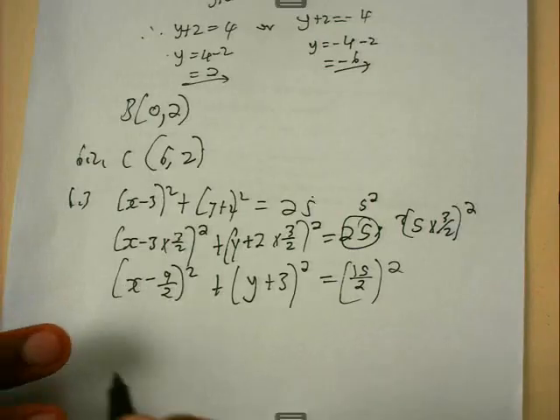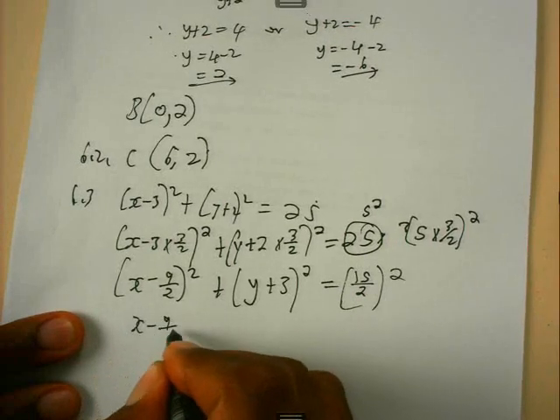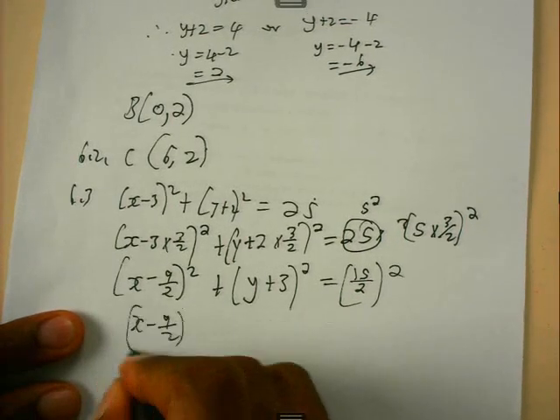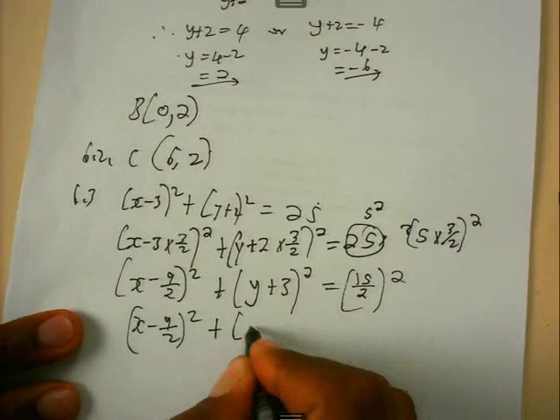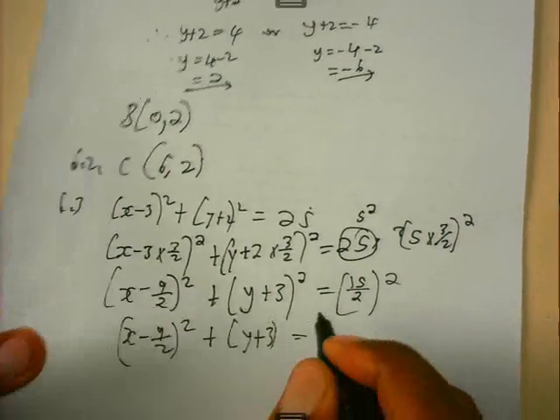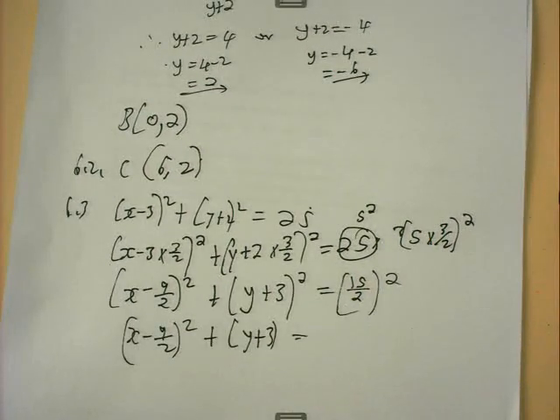When I simplify this, it is x minus 9 over 2 all squared plus y plus 3 all squared is equal to 15 over 2 squared.